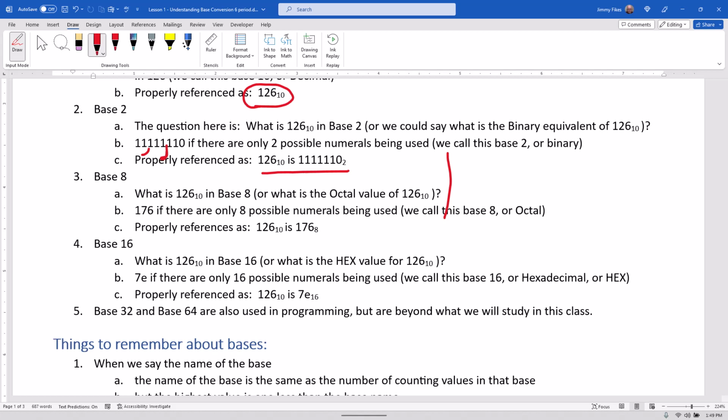Okay, look at number 3 here. Base 8, what is 126 in base 10? Now the way we would say this is, what is the octal value of 126 base 10? Octal means 8, or base 8. What do we call this symbol like this?